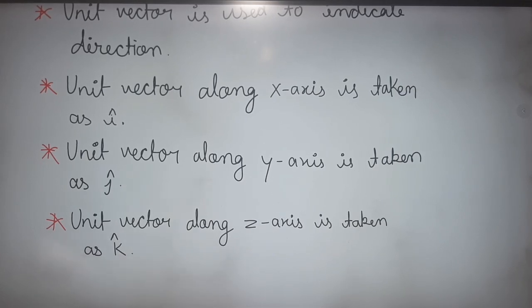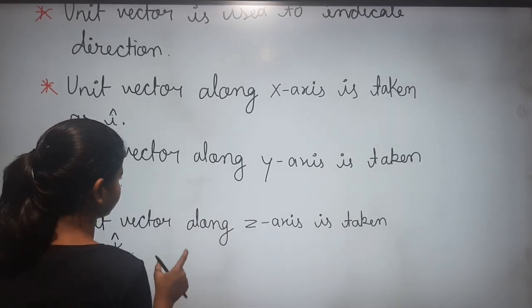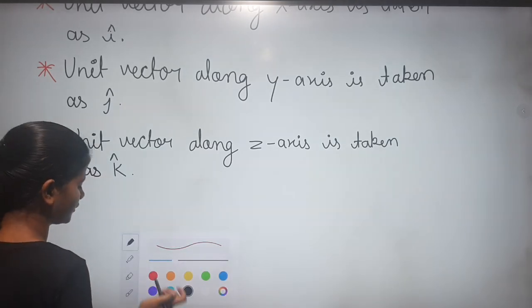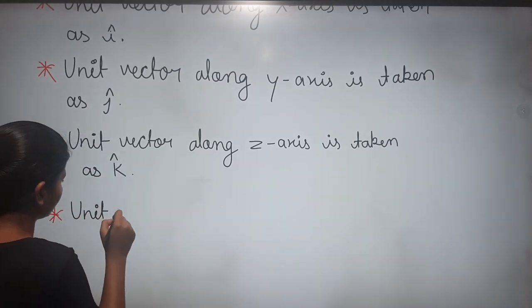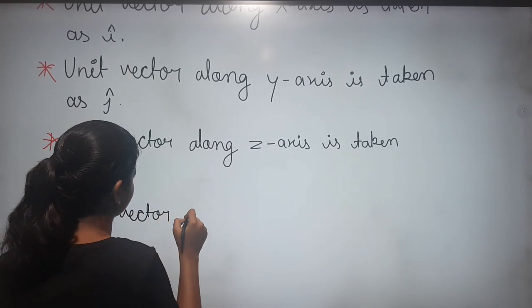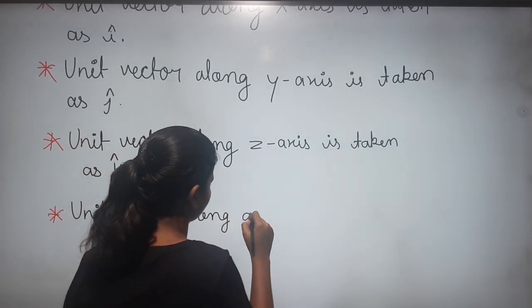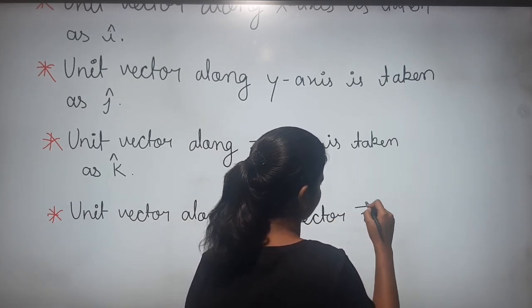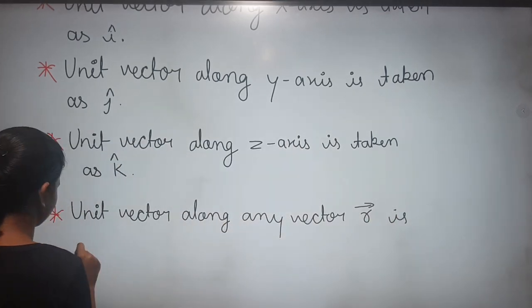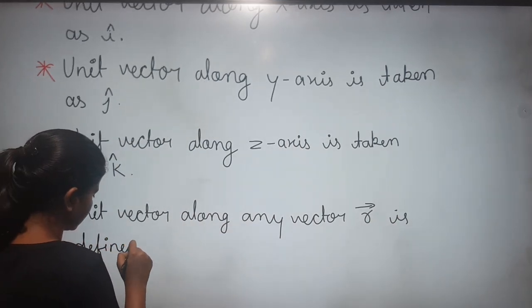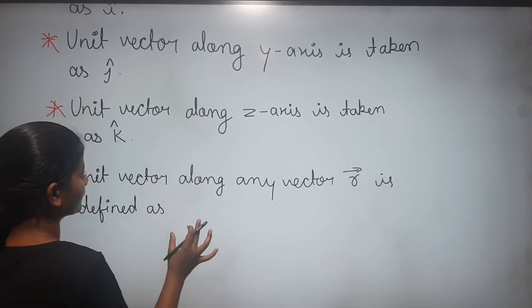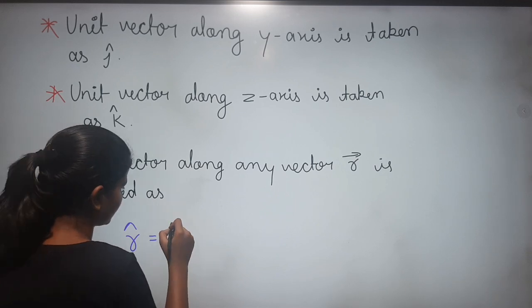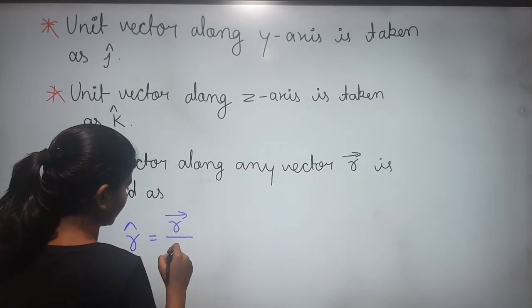Let's see one more point. The unit vector along any vector, like r vector, is defined as r cap is equal to r vector divided by the magnitude of the vector.